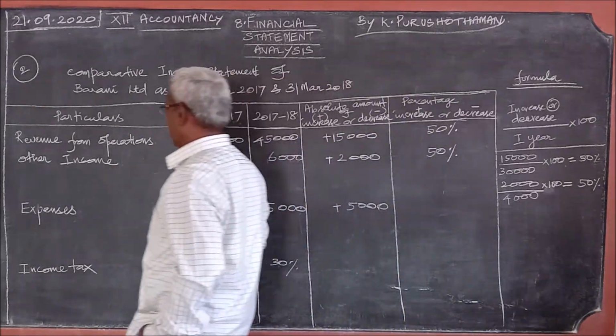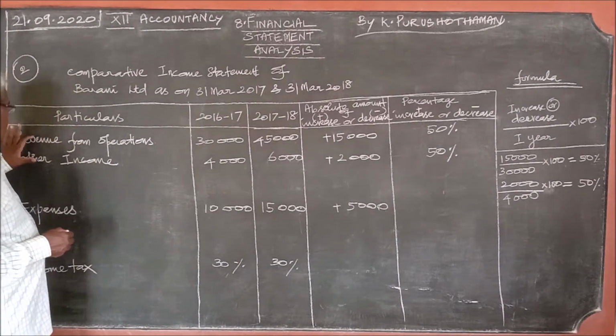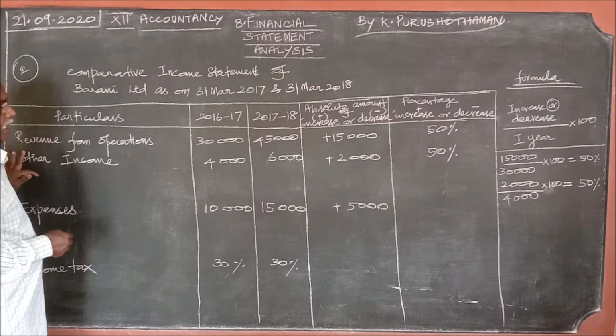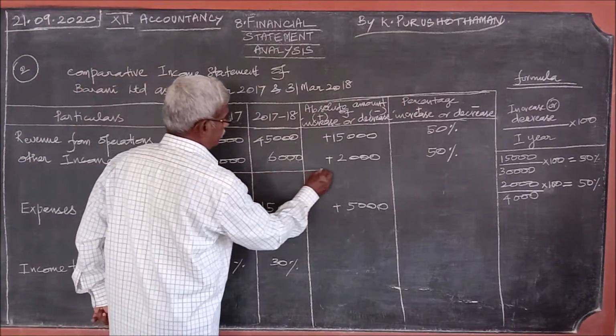And what must we do after this? After doing these incomes separately, we must find the total income.